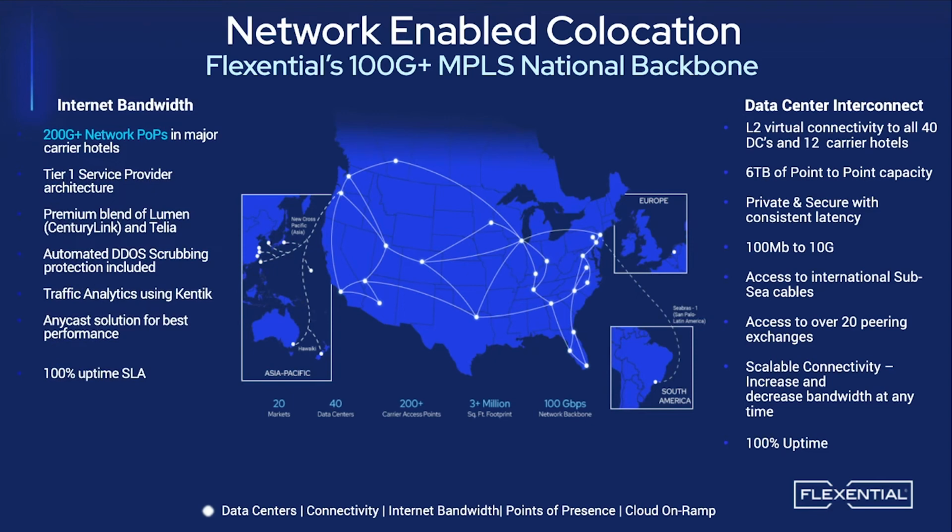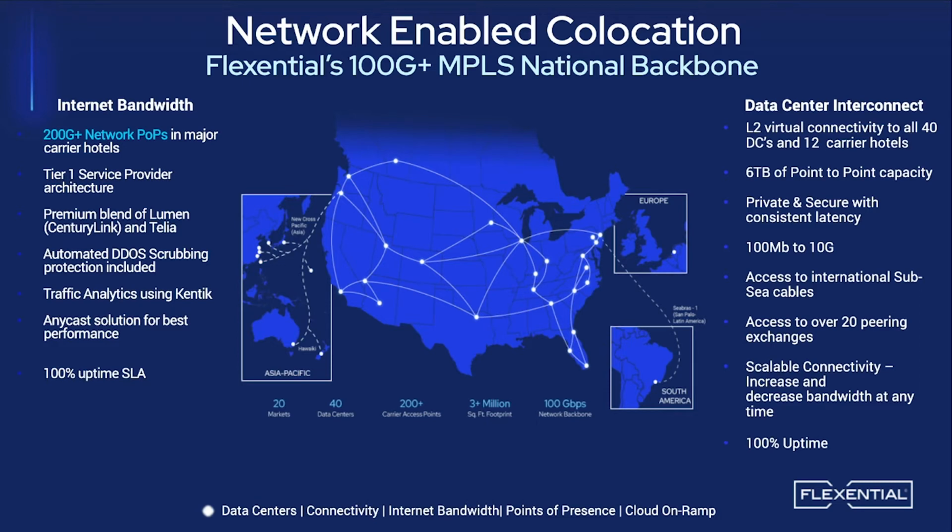And so network-enabled co-location, we talk about our 100 gig plus MPLS national backbone, and we have 2 key services that are really popular, and that's our internet bandwidth. It's got network pops in major carrier hotels. It's a tier 1 service provider architecture. We actually have backbone engineers that have built this. We don't take an engineer that's been doing data center type services and ask them to do this.